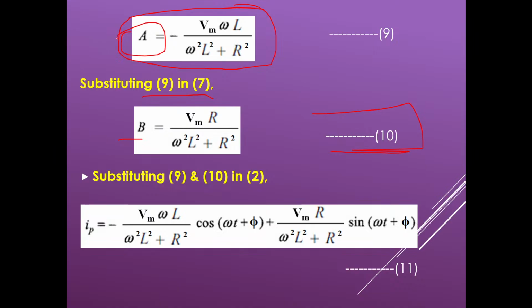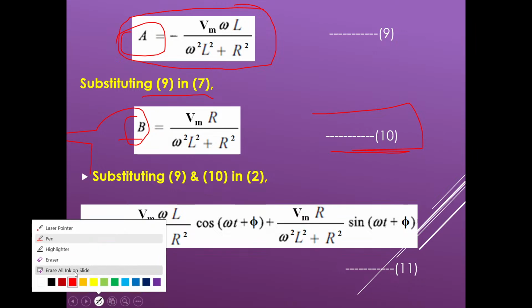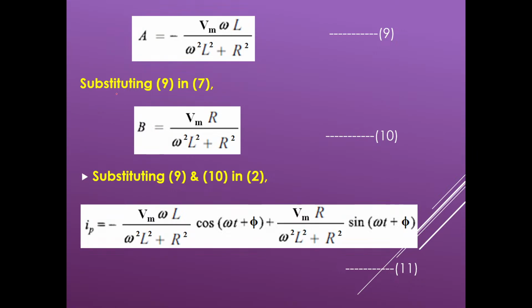Now you have got some value for A and some value for B. Now you can substitute that A and B in your particular solution of the current. Okay, the solution of the current had two parts, one complementary part, another one was particular part.